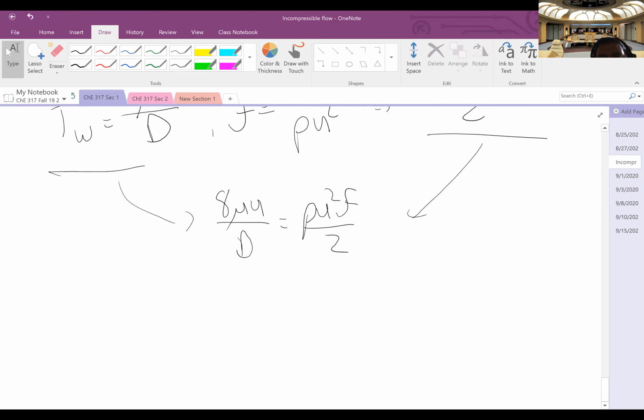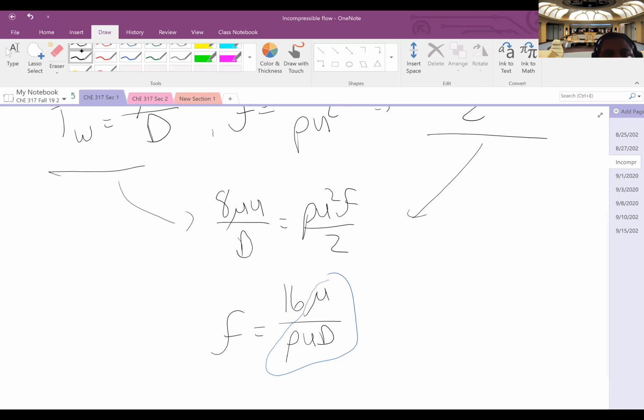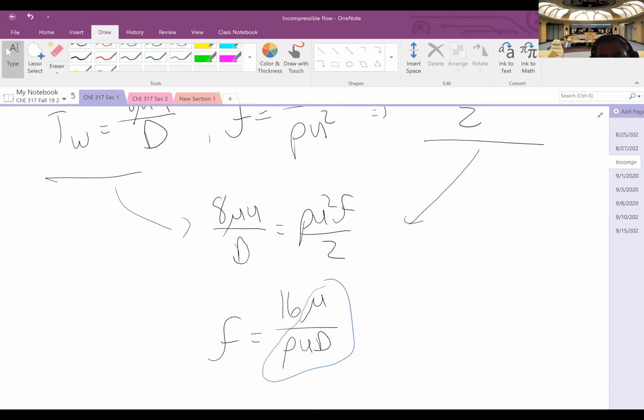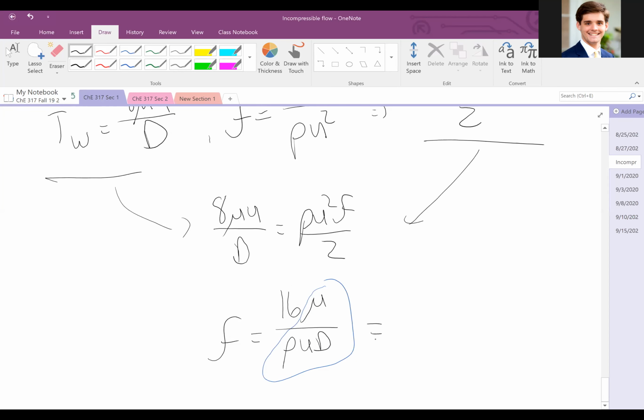And if we solve for our friction factor, we're left with 16 times mu over rho u d, which hopefully looks familiar. So what is that grouping? The inverse of the Reynolds number.